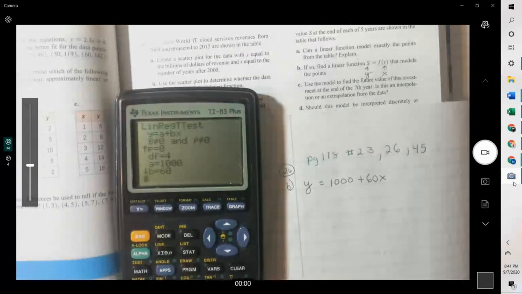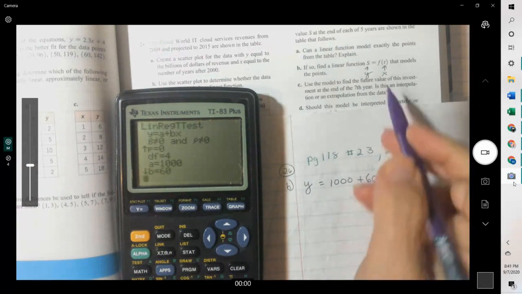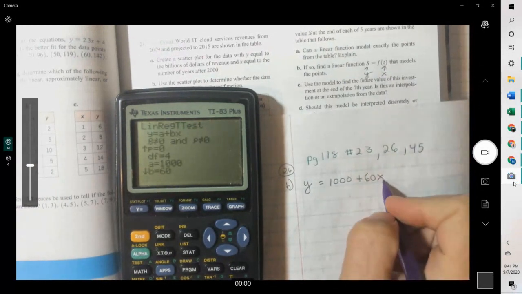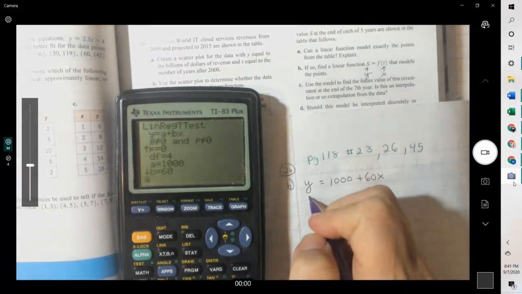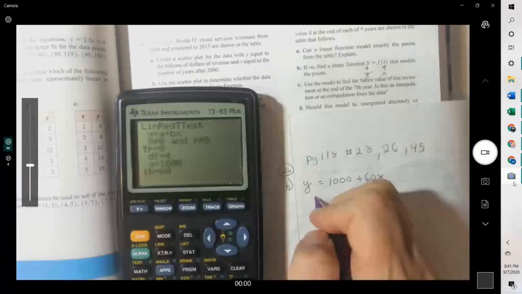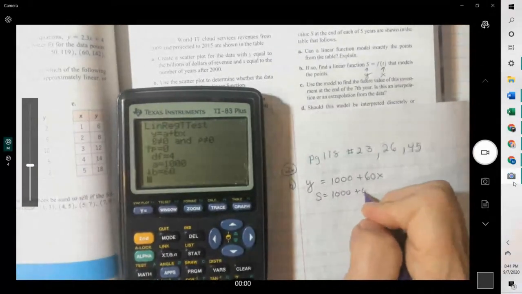Use the model to find the future value of this investment at the end of the 7th year. Okay, so x is years because it's time, so we want to plug 7 in. And instead of y's, they wanted S equals 1000 plus 60t.